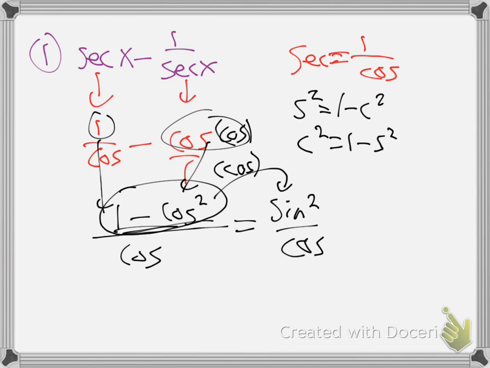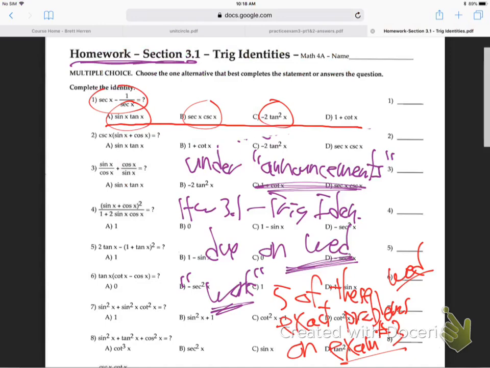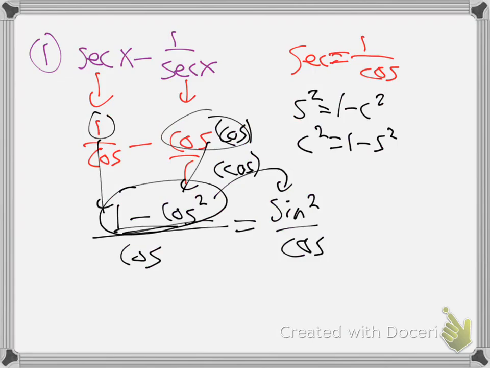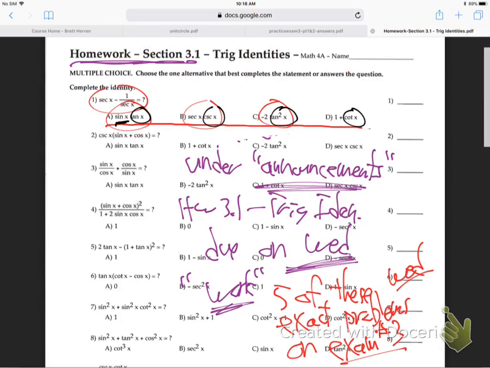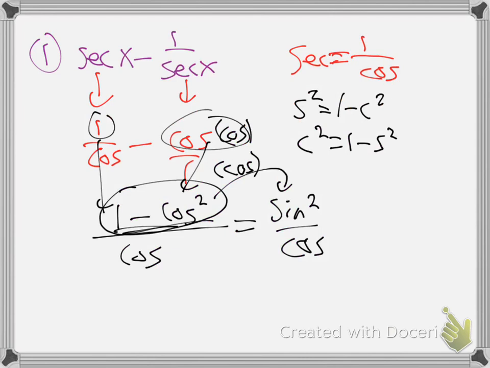Now, the hard part about identities is you can get all the way to here, look back and think, I've surely got it now, and then you don't see any of the answers. It's still not there. That's the hard part. What else can I do? It looks like they have a lot of tangent, cosecant, and cotangent, and it looks like they have a sine in the front. So leave one sine in the front times sine over cosine.